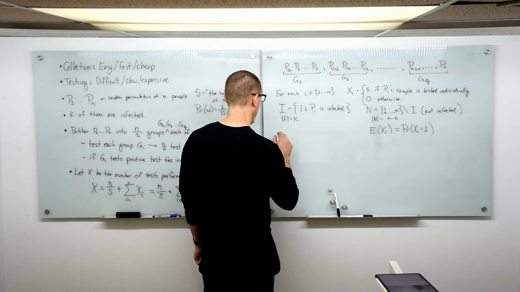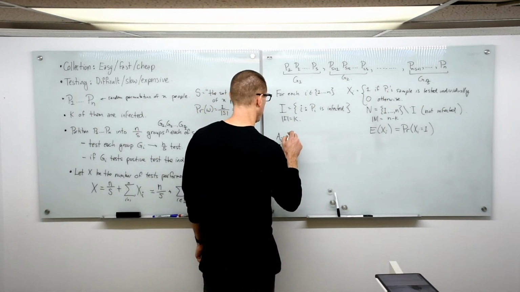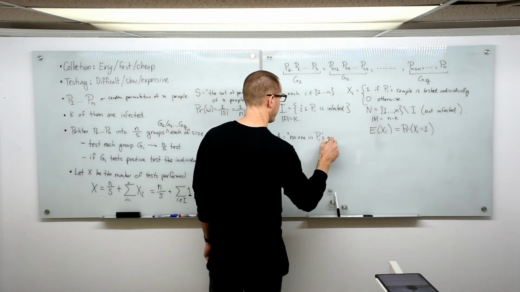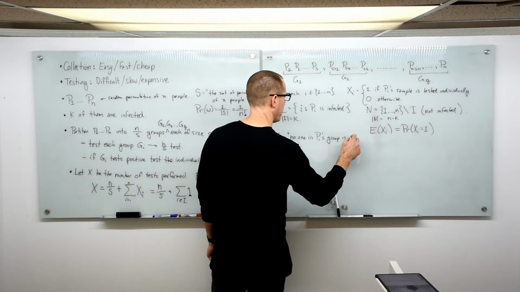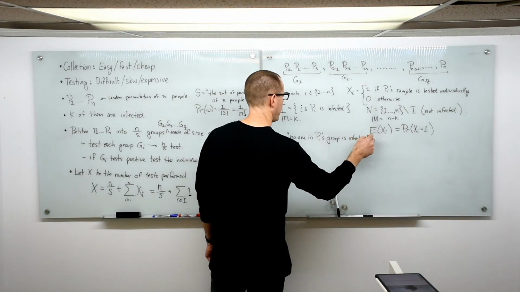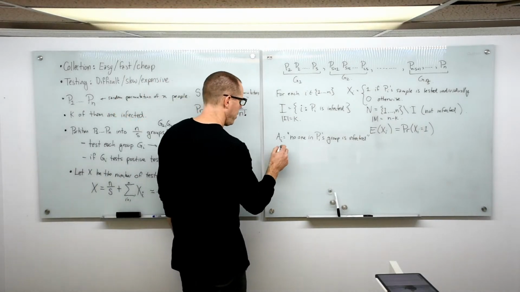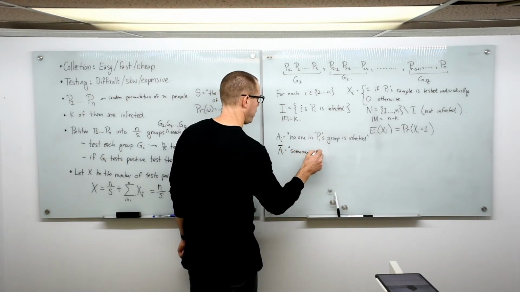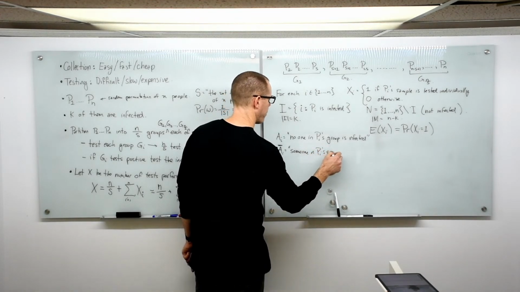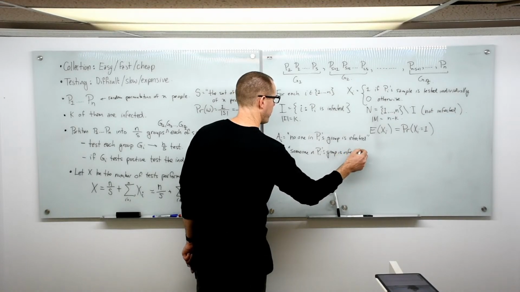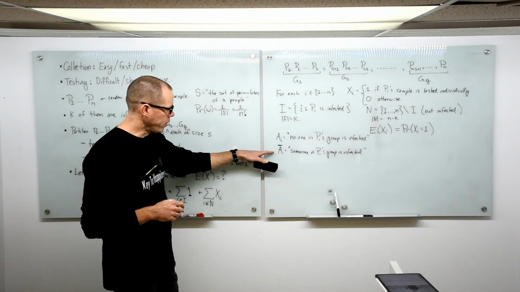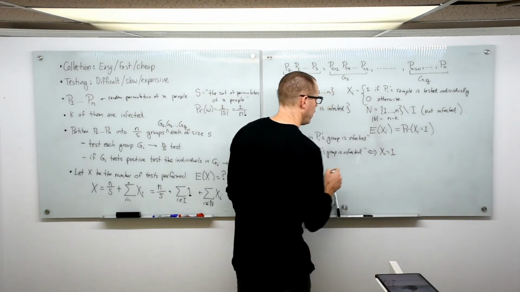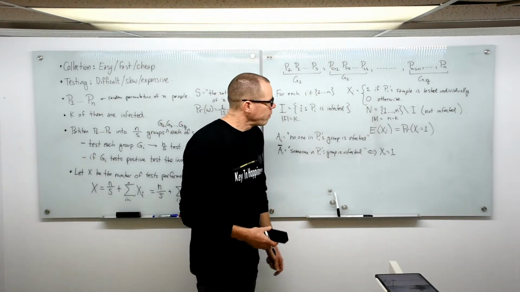So let's define AI to be the event that no one in PI's group is infected. Because then, not AI, the complement, is that someone in PI's group is infected. And if someone in PI's group is infected, that's the same thing as saying that PI needs to be tested a second time.